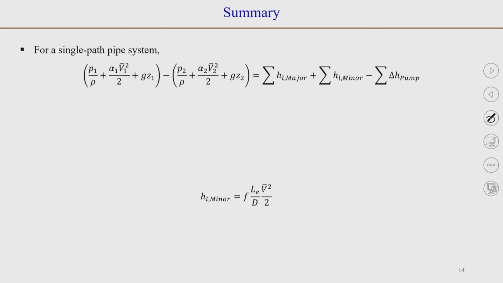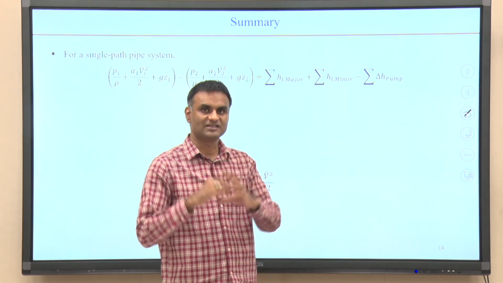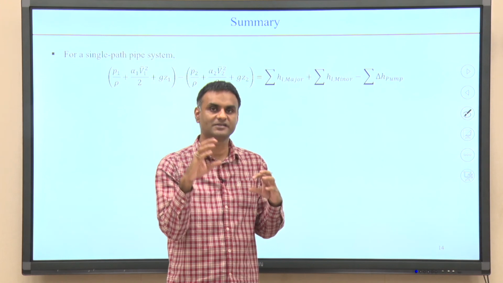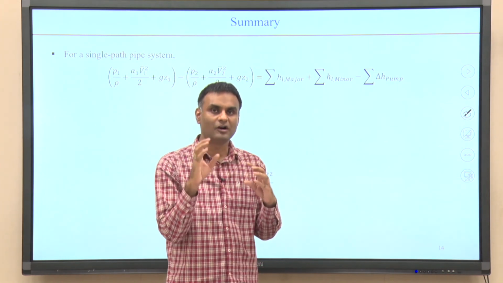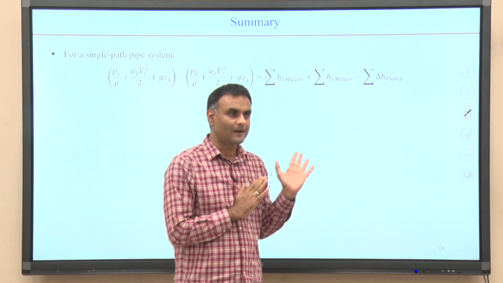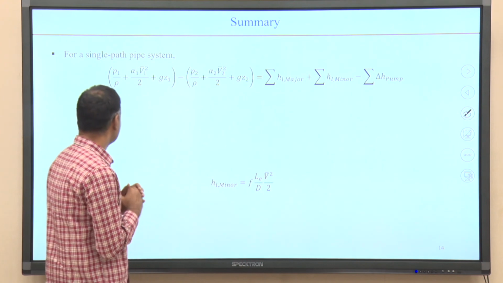Okay. So, if we summarize, for a piping system where it is a single pipe or pipes in series and it has bends, pump, valves, fittings, etc., then we can write down the energy equation, which can be used to calculate things.